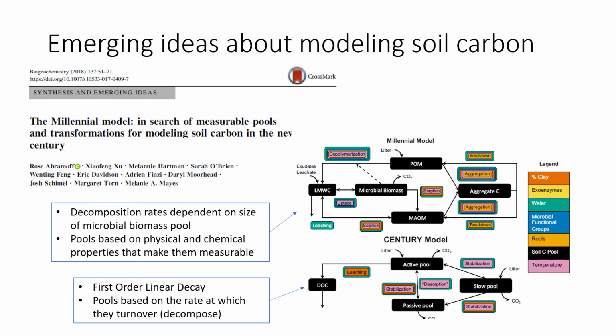This on the right side, what's called the Millennial model, is just a modeling paper I was part of where they were looking at different ways of representing soil organic matter decomposition. Another main difference between the DayCent model and some more contemporary models of soil organic matter is that the DayCent pools, active, slow, and passive, are really based on how long they live in the soil, and they aren't necessarily directly measurable.